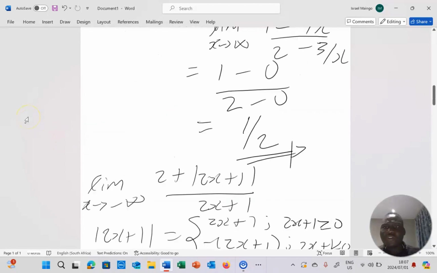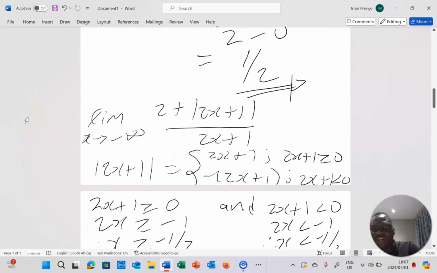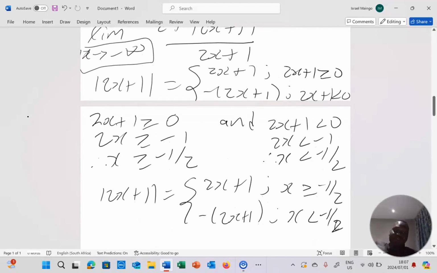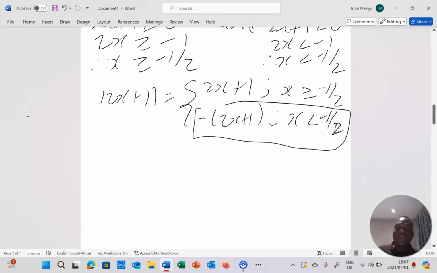But what are we looking for? We're looking for the limit as x approaches negative infinity. They're approaching negative values. It means x should be less than minus 1 over 2. So this is the part that we are choosing.